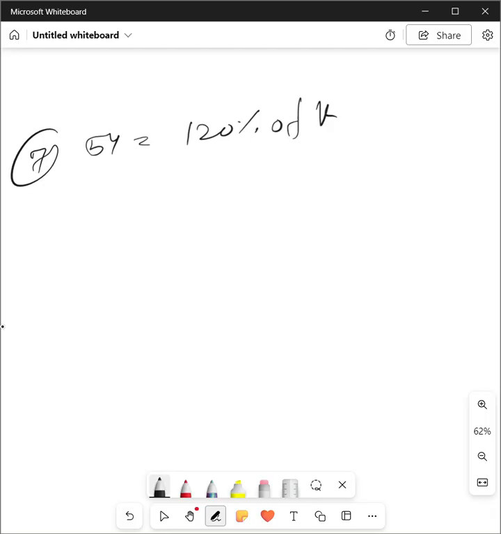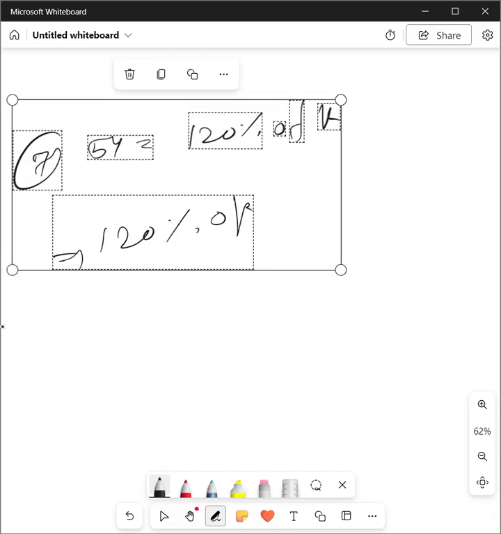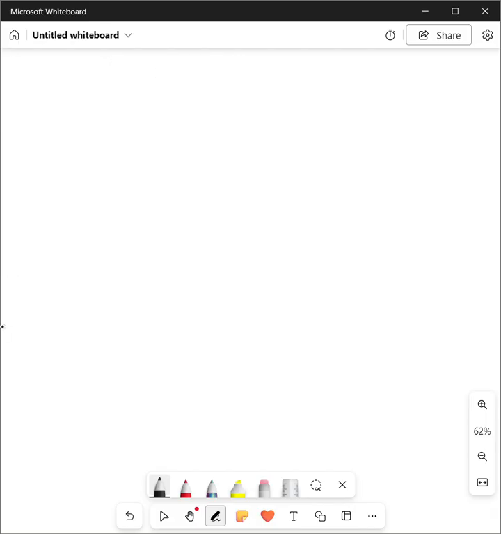Let's write it in reverse. 120% of k. Let's just remove the whole part and write it again. Okay, so 54, no, 54. That's the big problem.